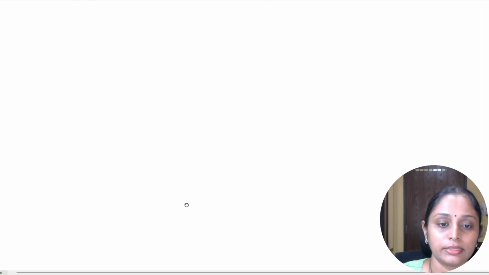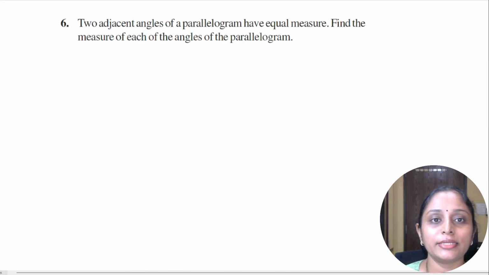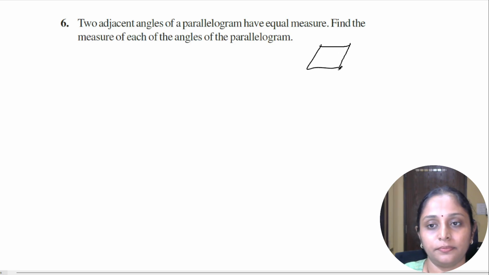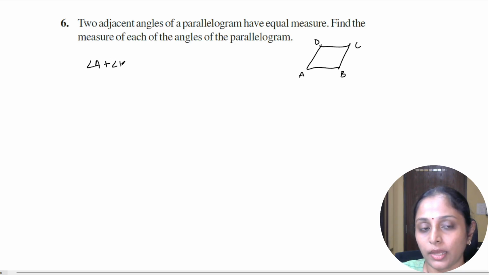Okay, next question. Two adjacent angles of a parallelogram have equal measure. Find the measure of each of the angles of the parallelogram. Now, what do we know about two adjacent angles of a parallelogram? Okay, let me draw the figure. A, B, C, D. Let me take the adjacent angles A and B. I know that A plus B is equal to 180 degrees because in a parallelogram, adjacent angles are supplementary.